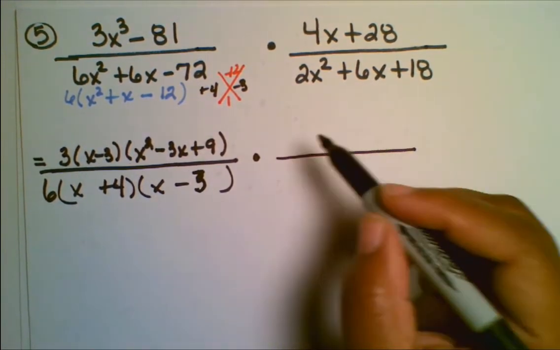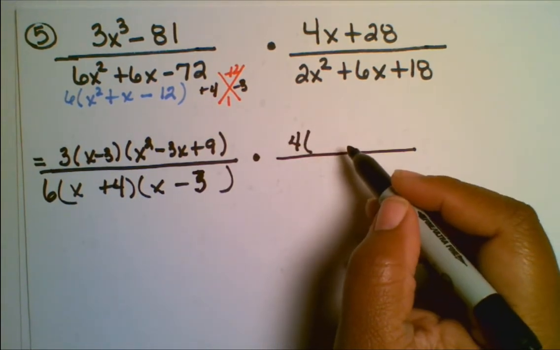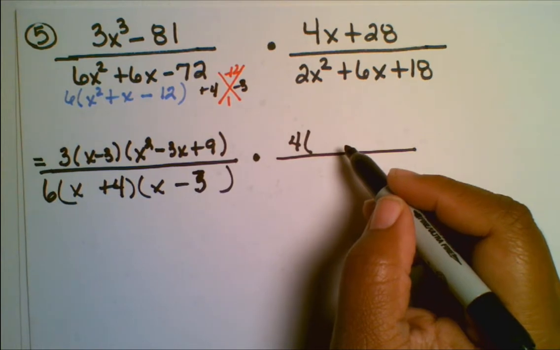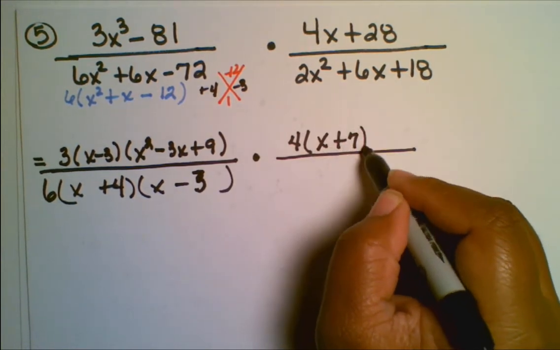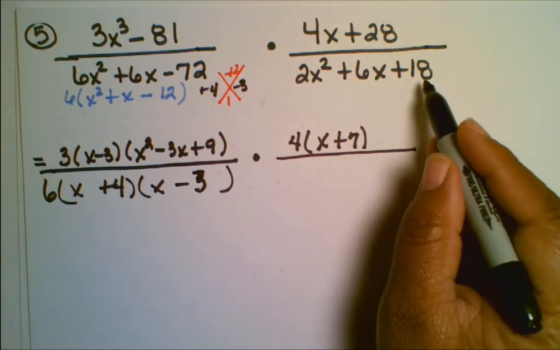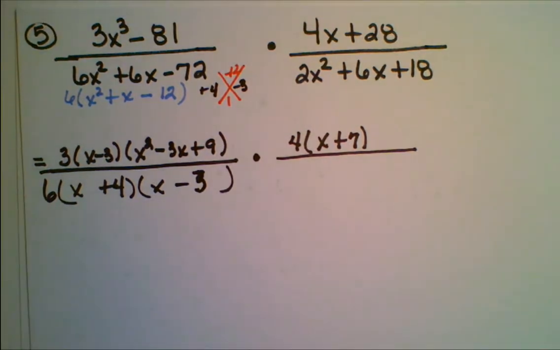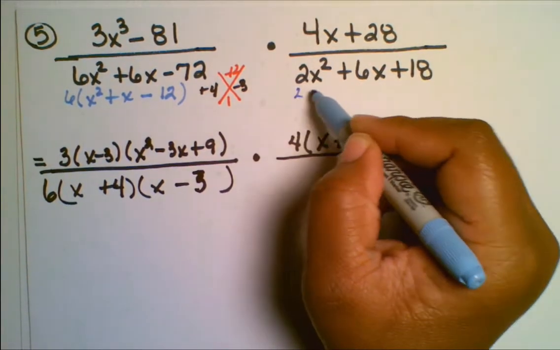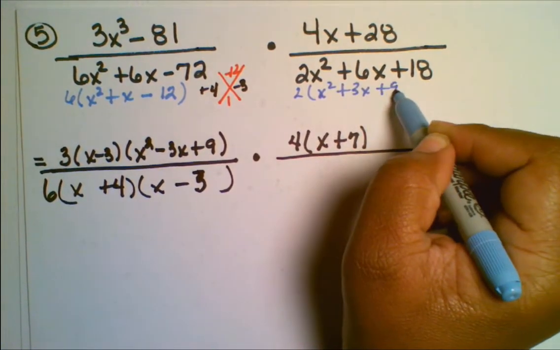Second fraction, we're going to factor out a GCF, which we have a 4, and that gives us x plus what? 7. And then look at the denominator. There, we're going to factor out a 2. And you have 2 times x squared plus 3x plus 9.